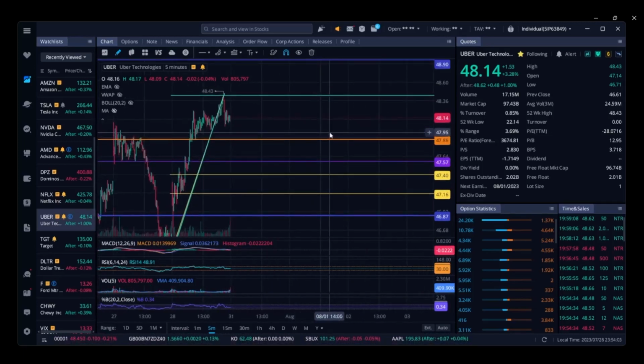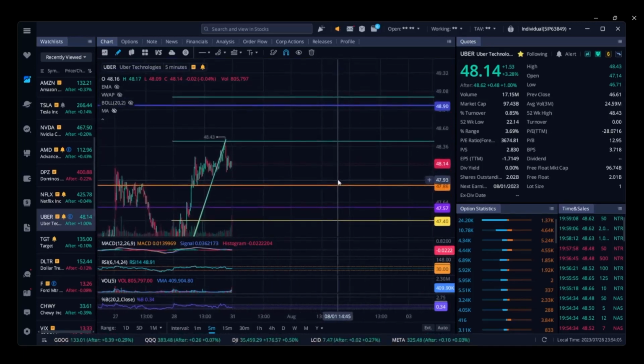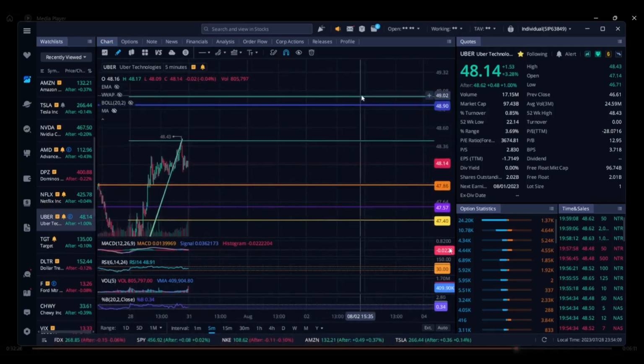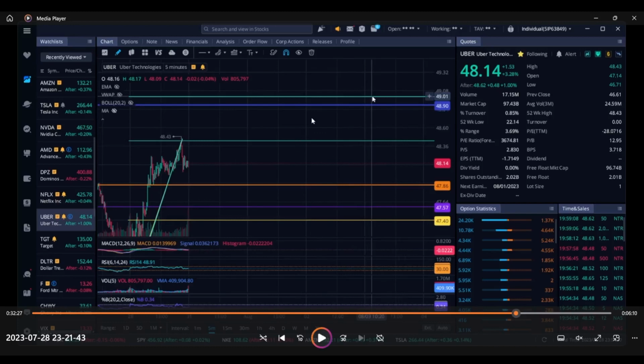So after price bounces, if we see a break above this green line, which is the high, 48.43, the next stop is 49. This is what it gave me based off the Fibonacci extension. So those are my levels. That's what I'm looking at, all these levels.